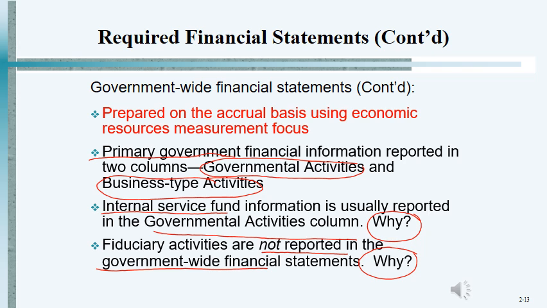The operational accountability focus looks at how effective and efficient we are at providing government services, and we do not report fiduciary funds there because we're in charge of those assets, but we don't own them. So they are reported at the fiscal accountability level, but not at the government-wide level.